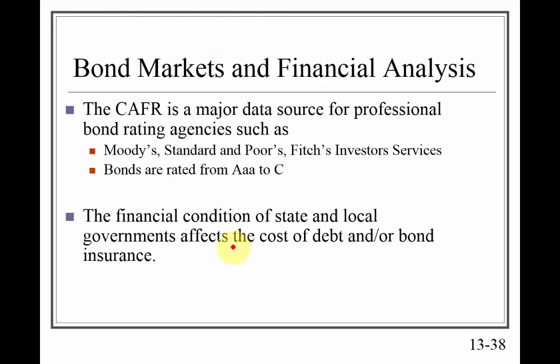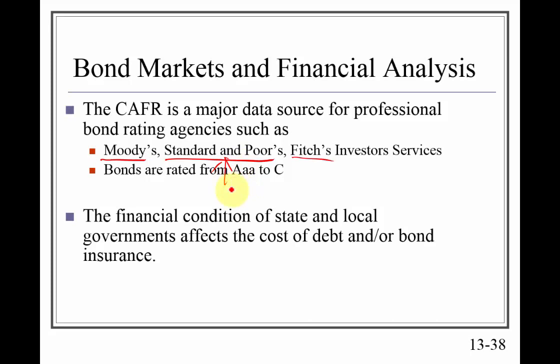And the government wants to pay as little as possible for borrowing money. So what they want is to have good ratings from Moody's or Standard & Poor's or Fitch. And the higher the rating, here using letters or numbers, the lower the interest rate that people are willing to accept and the lower the costs to the government.